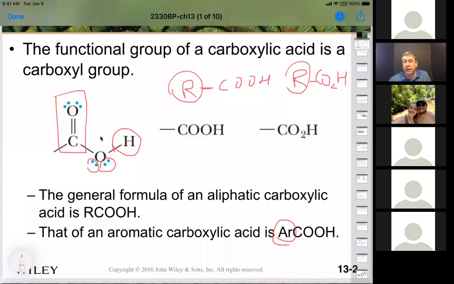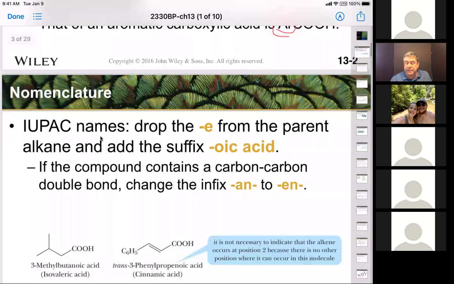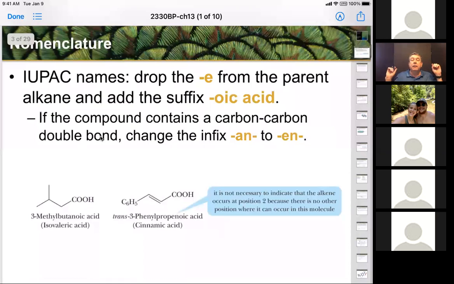That being said, carboxylic acids are the highest priority and will name your compound, no matter what other functional groups are on there. If you see a carboxylic acid, it's going to have oic acid at the end. We're dropping the E, which was the designator for alkanes, and adding oic acid.